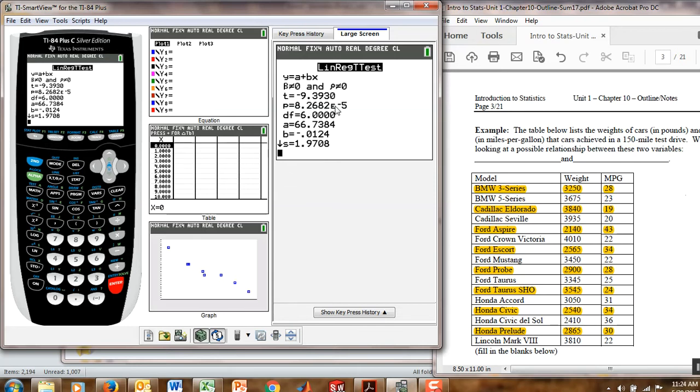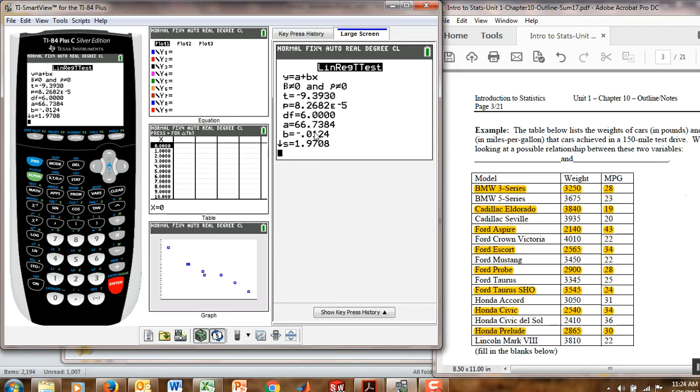This is 8 e to the negative 5, and the e to the negative 5 means times 10 to the negative 5. So this is a very small number. It's actually 0.00008. It's got 4 zeros before the 8. Very small number. What we're often interested in is the intercept and the slope.